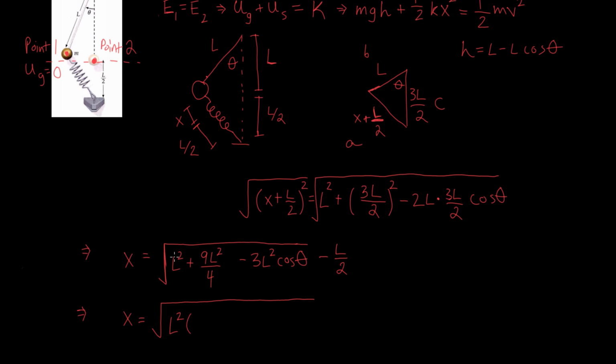If we factor out an L squared from the variable L squared, L squared divided by L squared is just 1. Factoring out an L squared from 9L squared divided by 4, we just get 9/4. And factoring out an L squared from the last term, we just get negative 3 cosine theta.